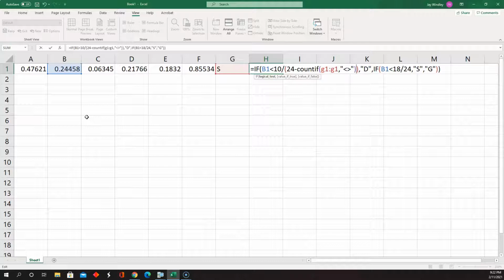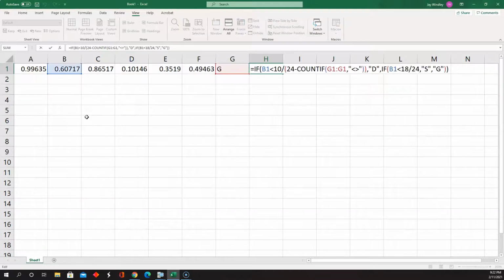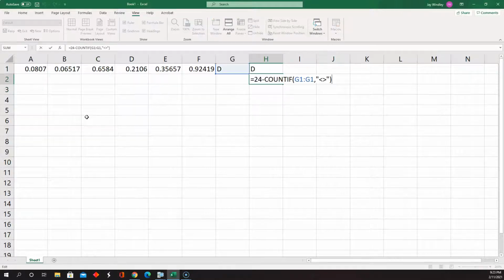So that's going to make my denominator 23, just to show you over here. Let me copy this and put it down here. So that not equal to notation, for whatever reason, counts just the total number of cells.